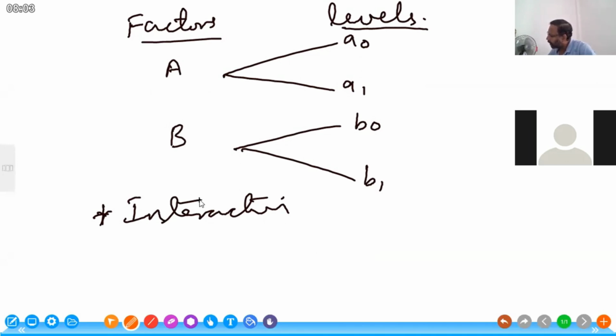That is basically called the interaction. Today we will talk a little more on this interaction. Further, we can classify this interaction into different levels of interaction.